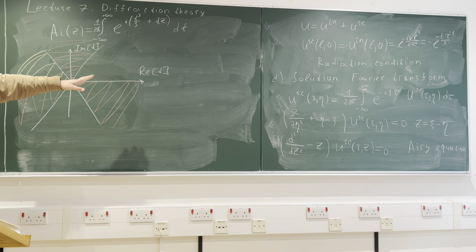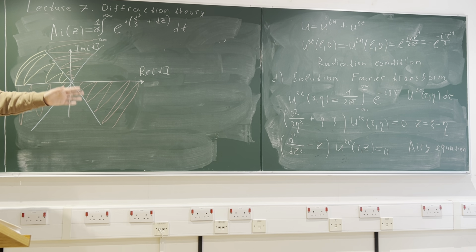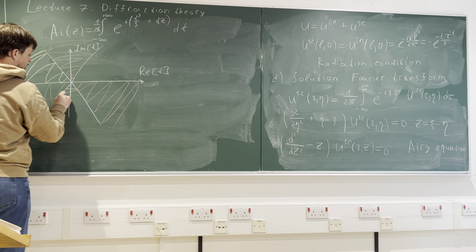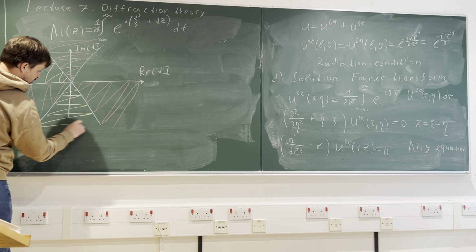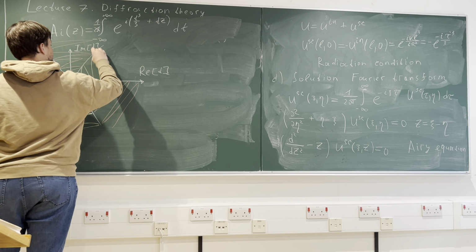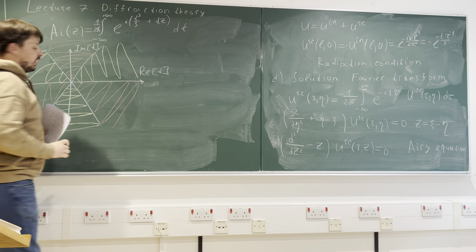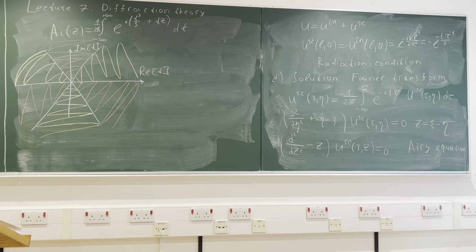It's probably pi over 6 or pi over 3. Yeah. And our contour of integration, it's actually not the best choice, because it goes along the real line, and this is where our function is oscillatory.